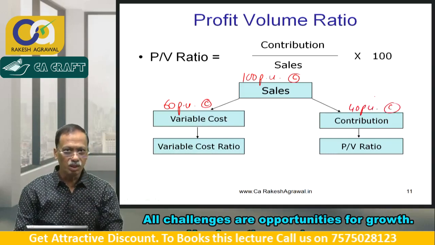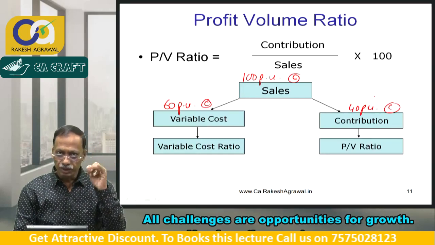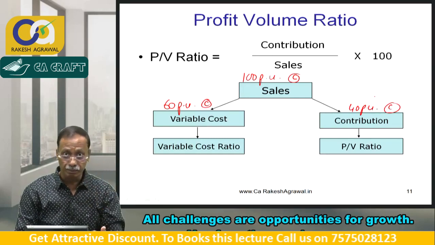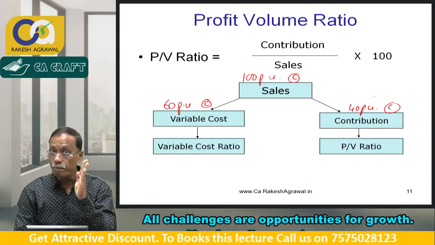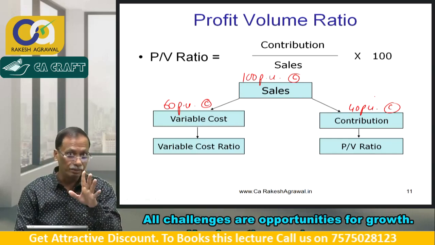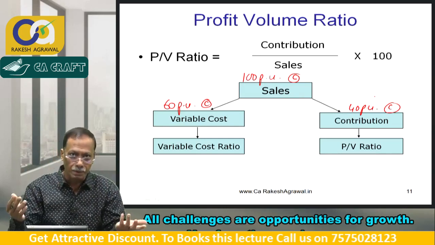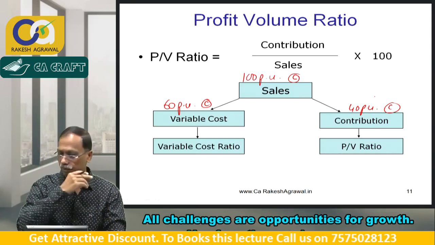Two assumptions we had already made: sales price per unit is constant, variable cost per unit is constant. From these two assumptions, the third will automatically happen, that is contribution per unit will remain constant, correct? Contribution per unit I am saying, not total contribution, because total contribution depends upon the total number of units sold, contribution per unit into number of units sold.